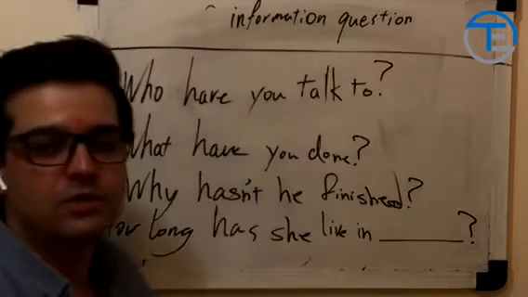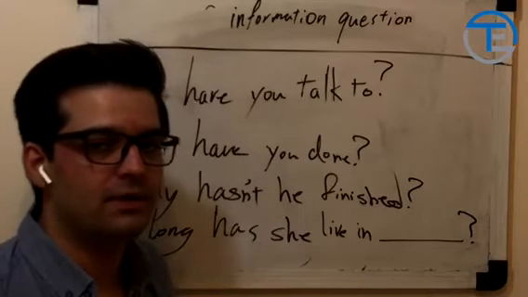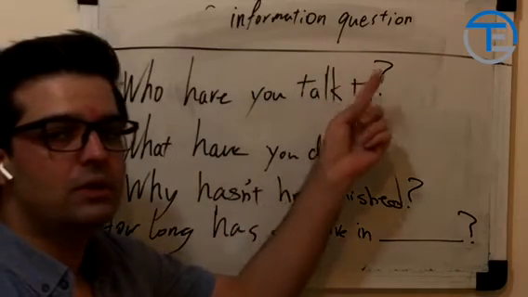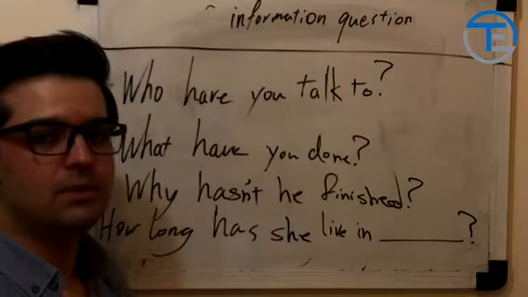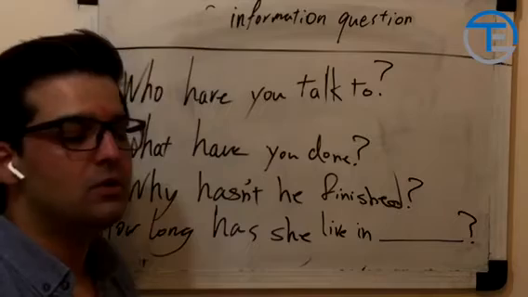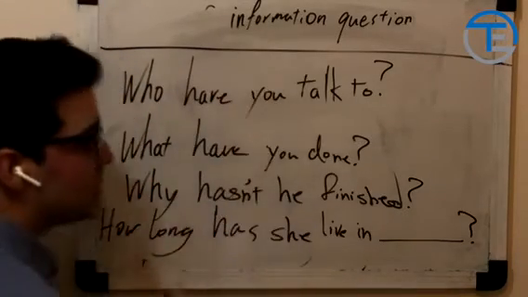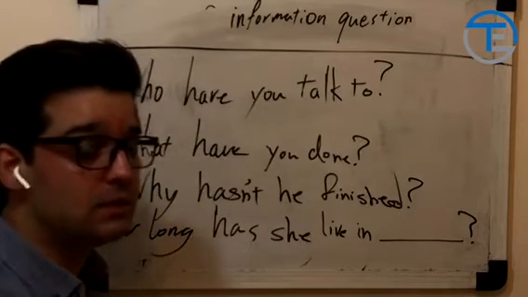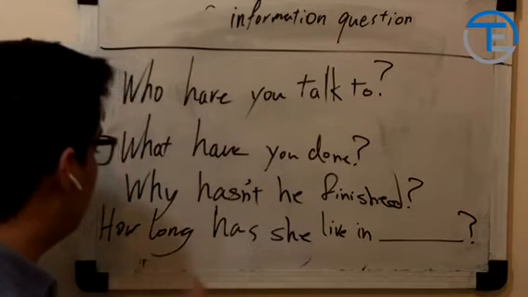An information question. When you want to ask with present perfect, you want to know information. You want to know about something. For example, who, you can use it for someone. What, you can use for something.